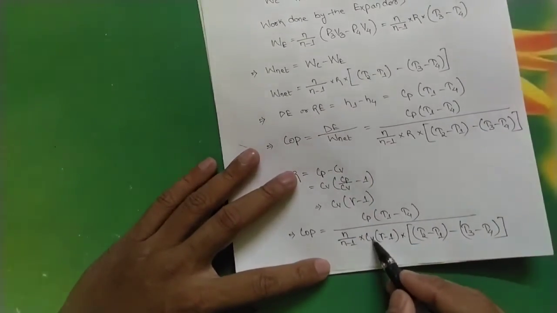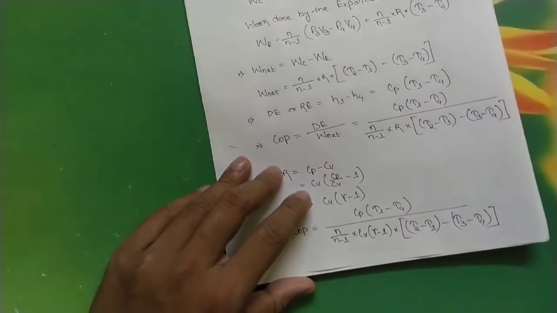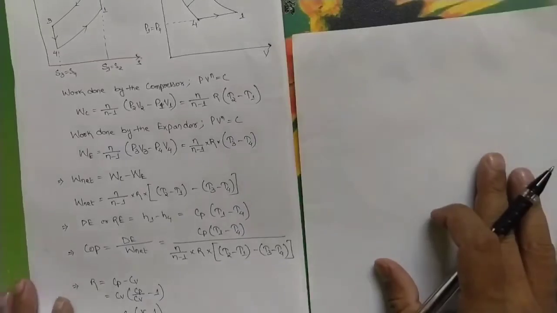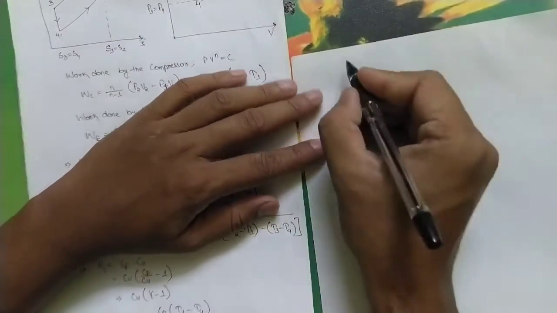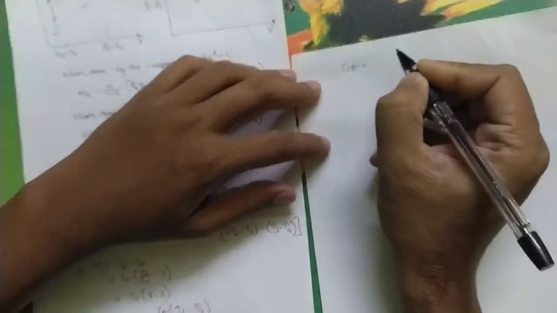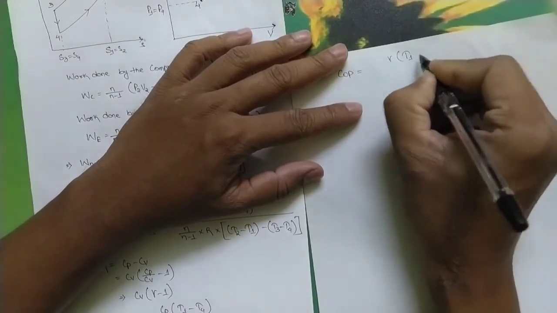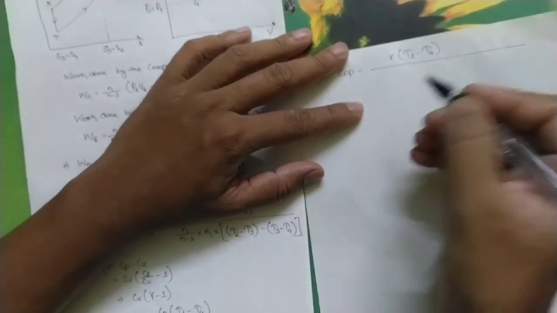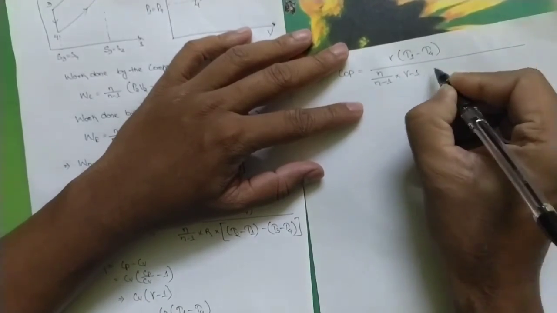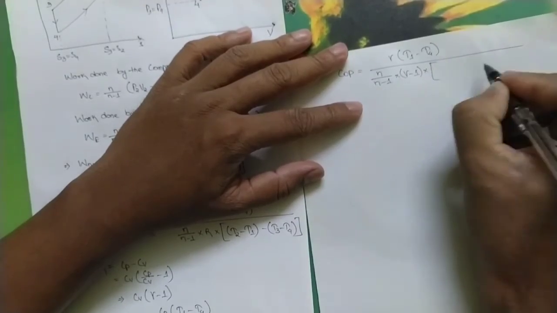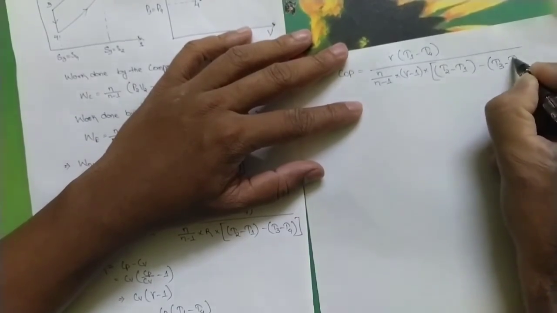Now we know Cp by Cv is gamma. COP is equal to, replacing Cp by Cv with gamma, gamma into (T1 minus T4) whole divided by n by n minus 1 into (gamma minus 1) into [(T2 minus T1) minus (T3 minus T4)].